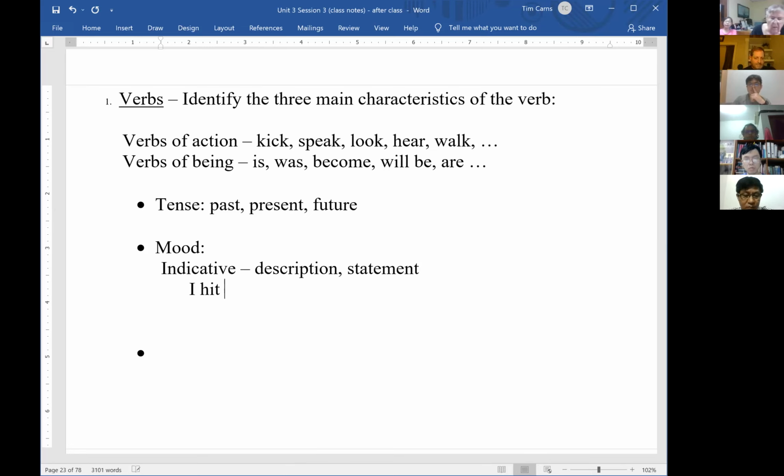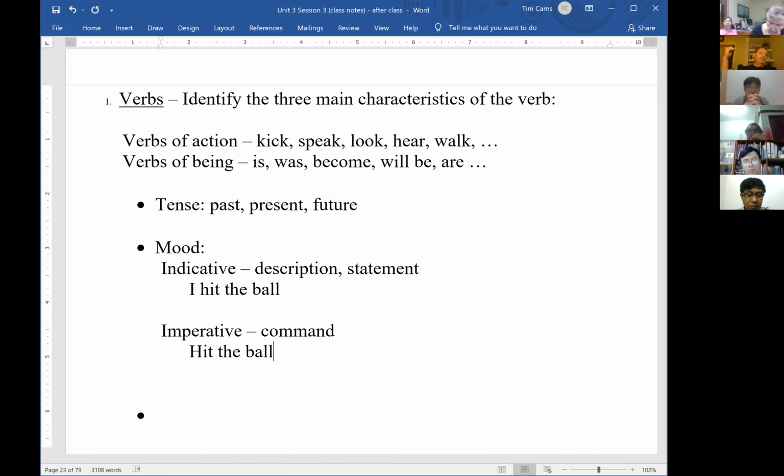I hit the ball. That's a statement of fact. It's just describing an event. So that's in the indicative mood. It indicates, it states, it's making a statement. Another mood is called the imperative. That is a command. Hit the ball. So it's not making a statement.